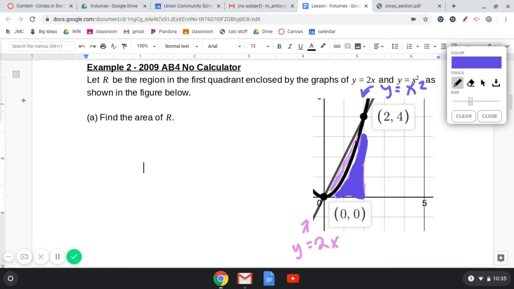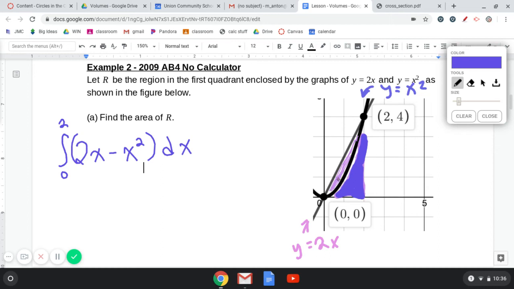So this means we're going to take the integral from 0 to 2 of 2x minus x squared dx.